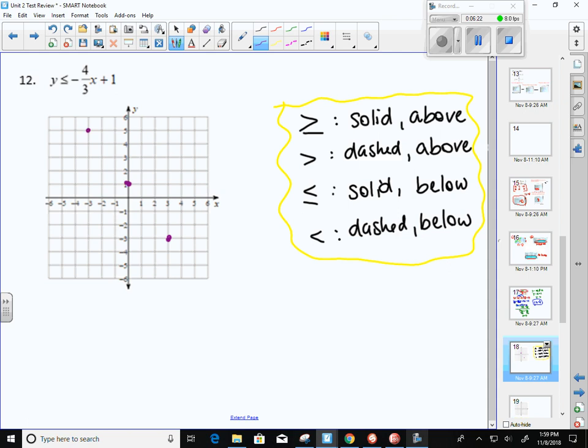Solid line. Okay, it's less than, so you're going to shade below.